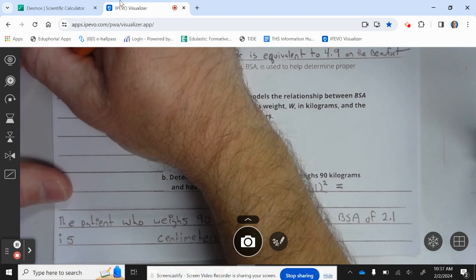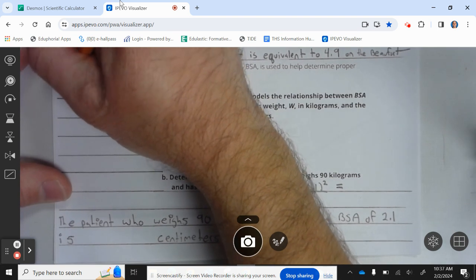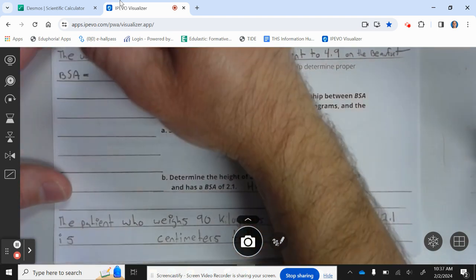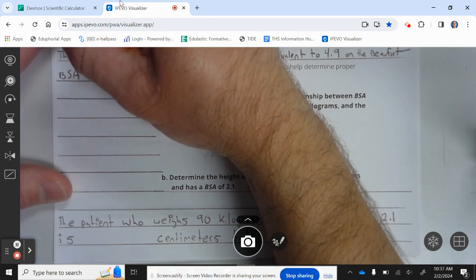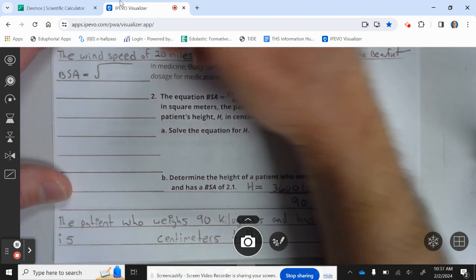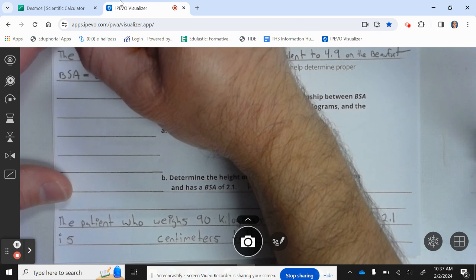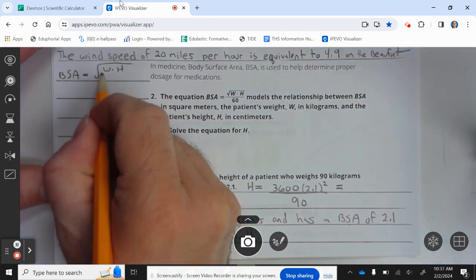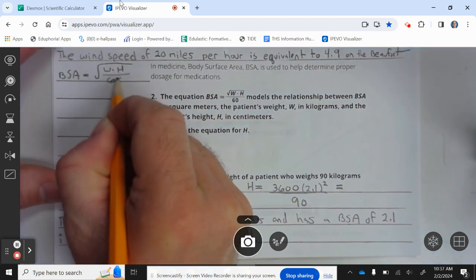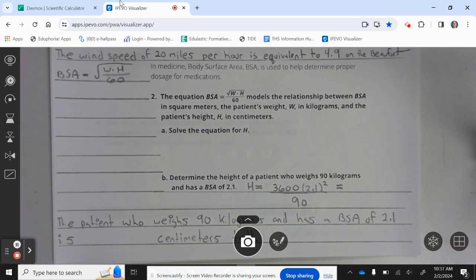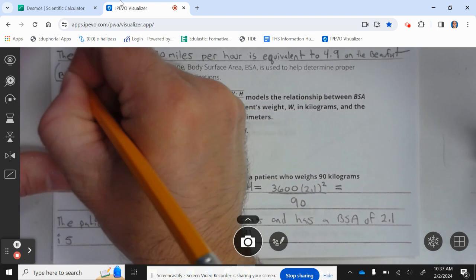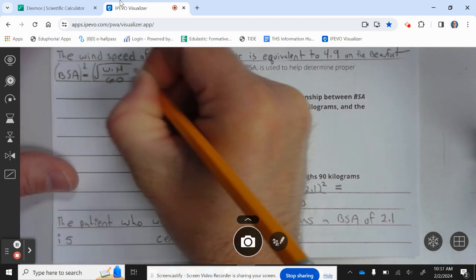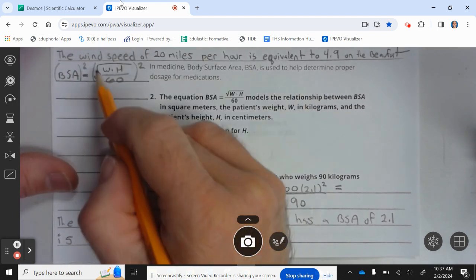So we have BSA equals the square root of W times H divided by 60. And we're solving for H. So the first thing we need to do is square both sides. The square cancels the square root.